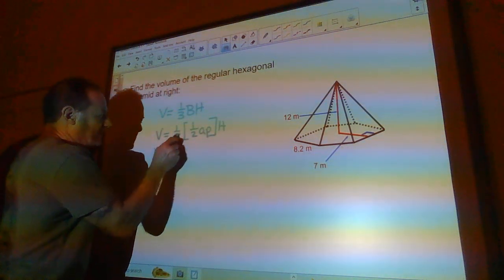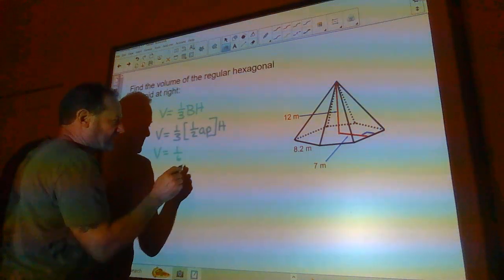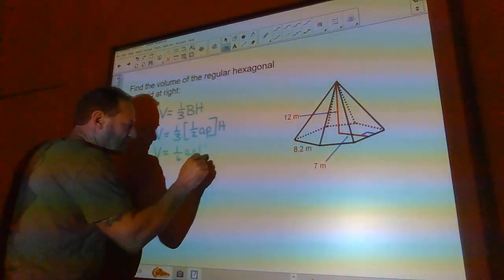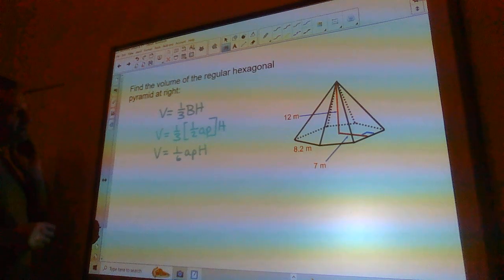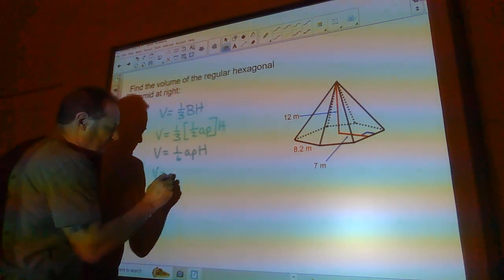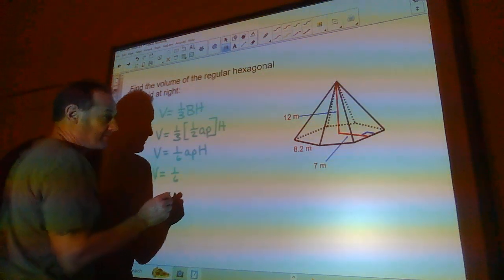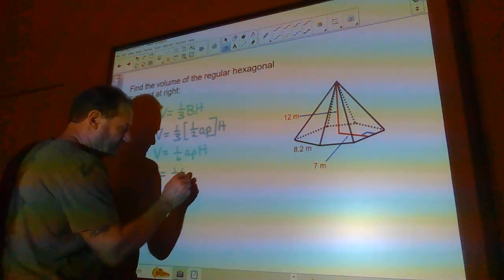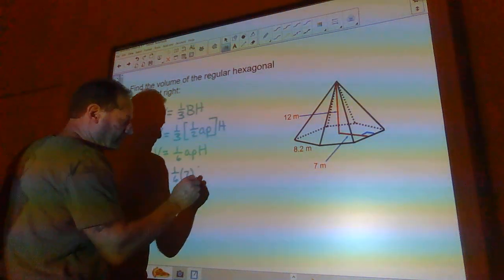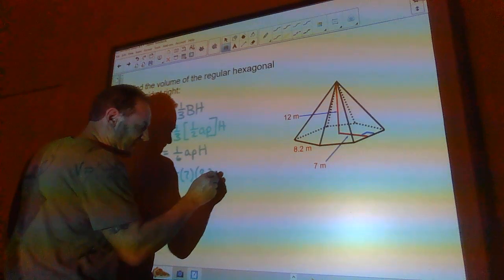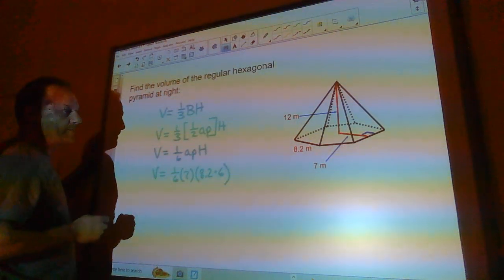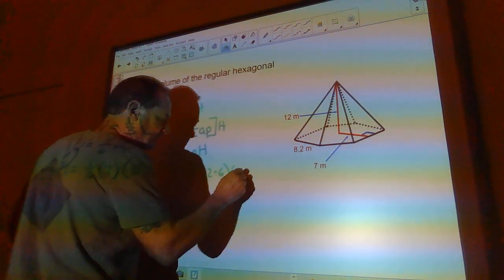And I'm going to combine this: 1/3 of 1/2 is 1/6. So there's my final formula. The volume is going to be 1/6 times the apothem, which is 7, times the perimeter, which is going to be 8.2 times 6, times the height of the pyramid, which is 12.